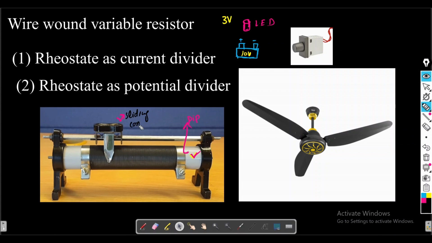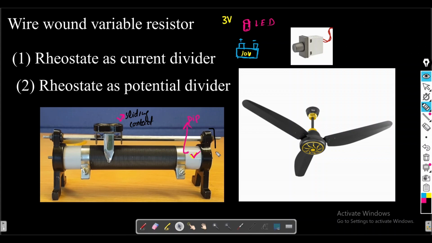As the name indicates, this conductor will slide and make contact with the wire which is wrapped around the pipe.